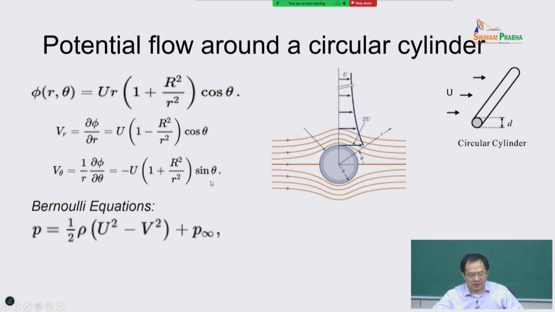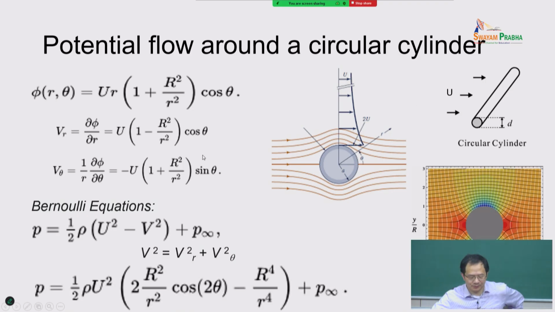After you get that, we already learned the Bernoulli equation, right? Along the streamline like that, you look into the Bernoulli equation, and from it you can get the pressure. Here U is at infinite distance, and V is the velocity around the cylinder. So P infinity is the pressure at infinite distance.